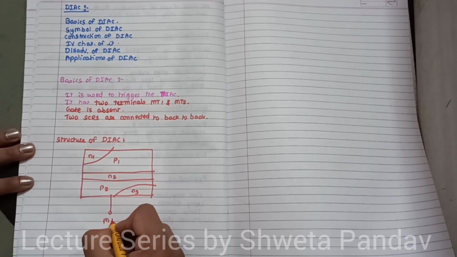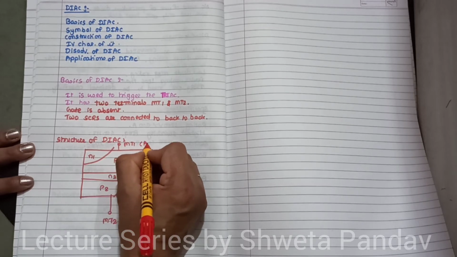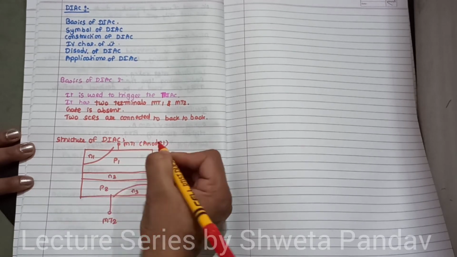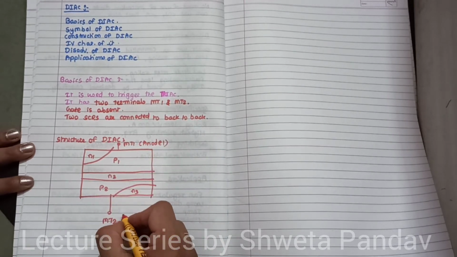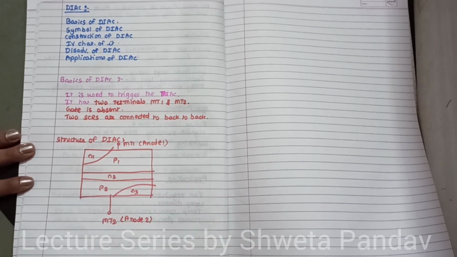Here we are connecting the MT2 terminal, and here we are connecting the MT1 terminal. MT1 terminal is called anode 1 and MT2 terminal is called anode 2.